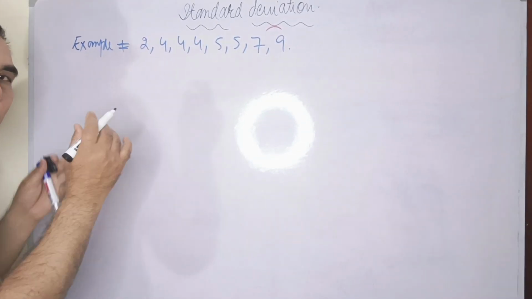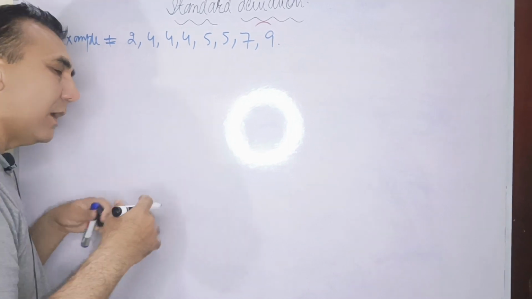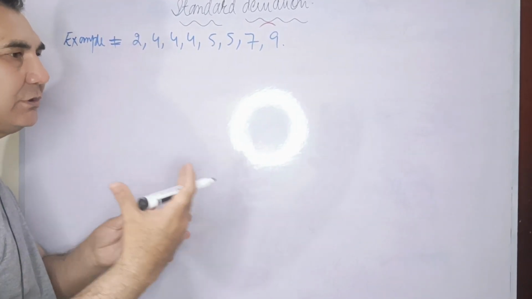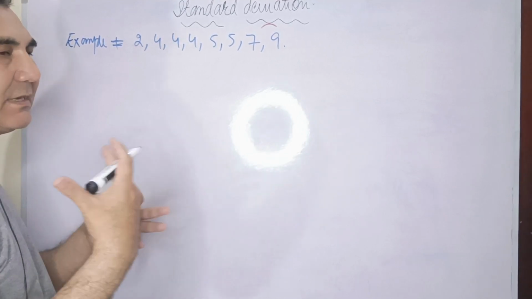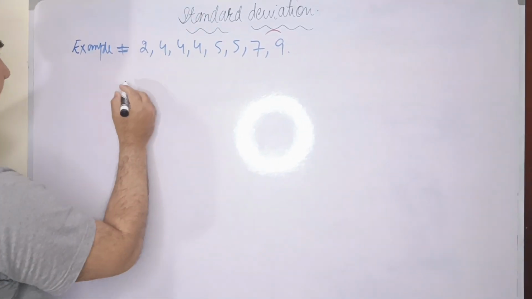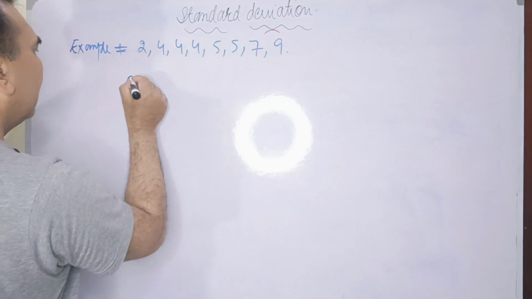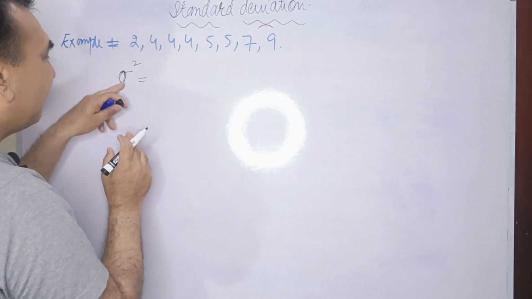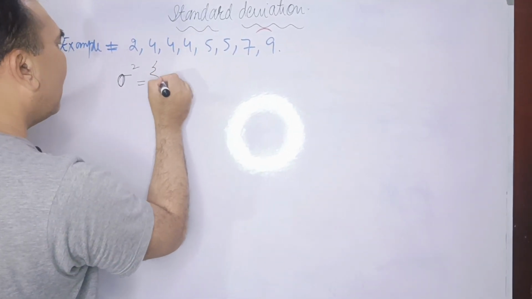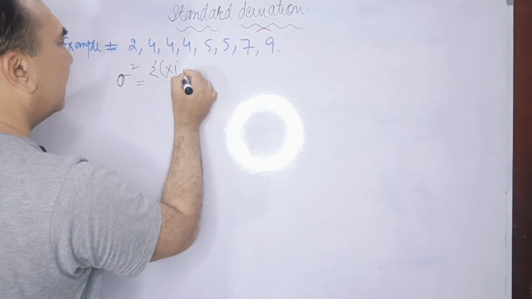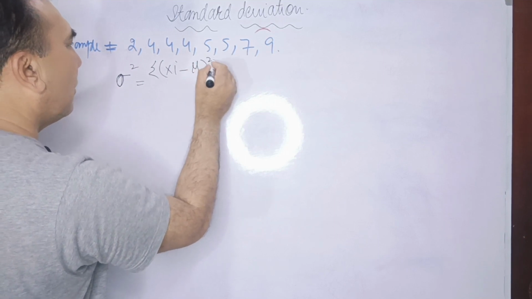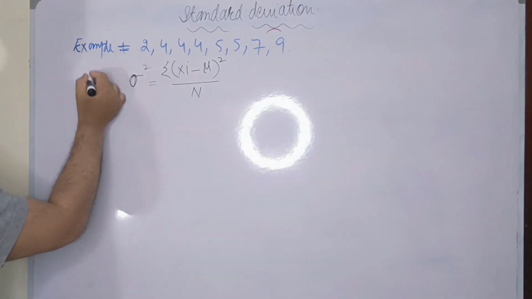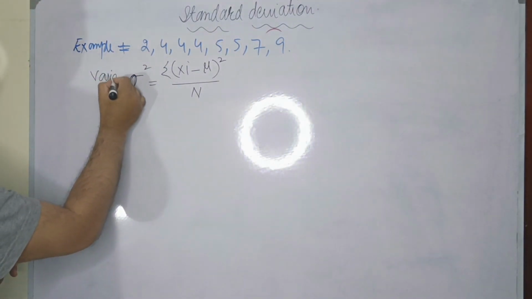The formula for the calculation of the standard deviation for the population and for the sample is a little bit different. Sigma square is the formula for the variance: sum of (xi minus mu) whole square divided by N. This is the formula for the variance.